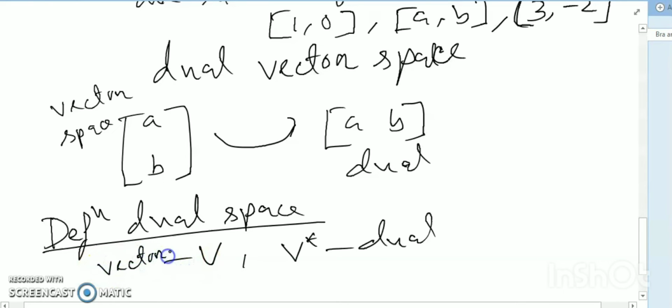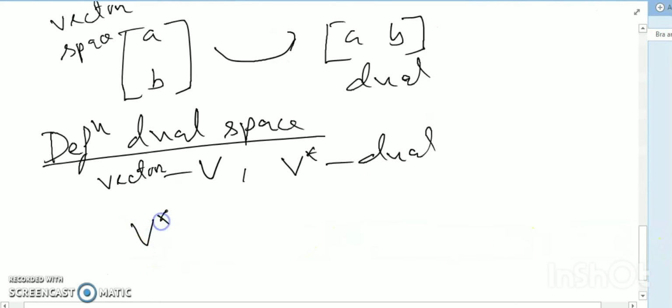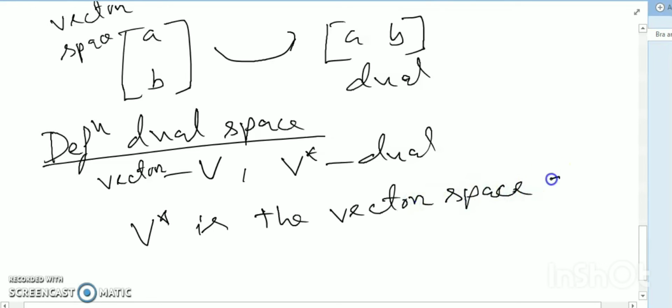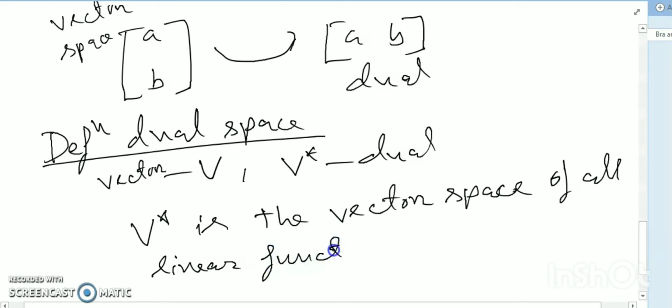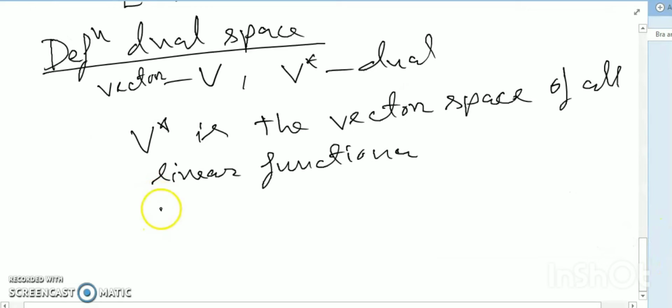V star is the vector space of all linear functionals. So all linear functionals L live in V star.